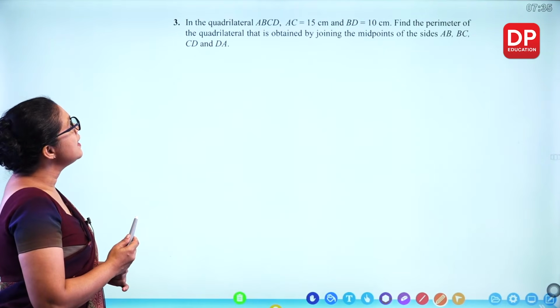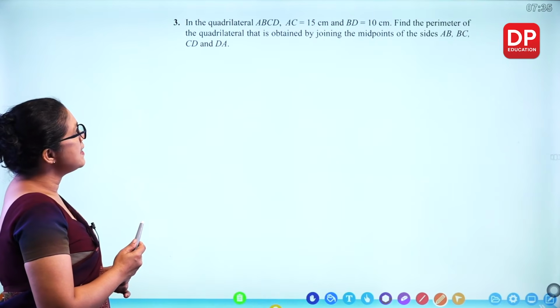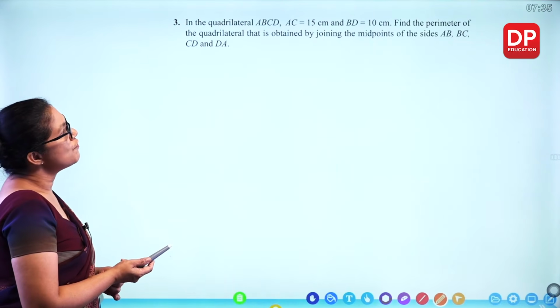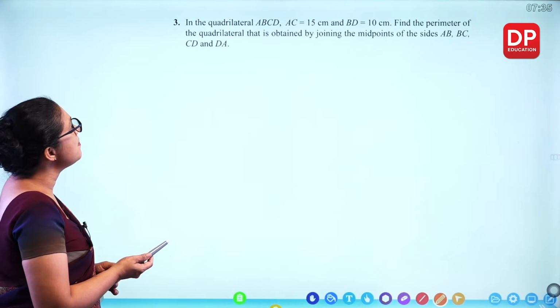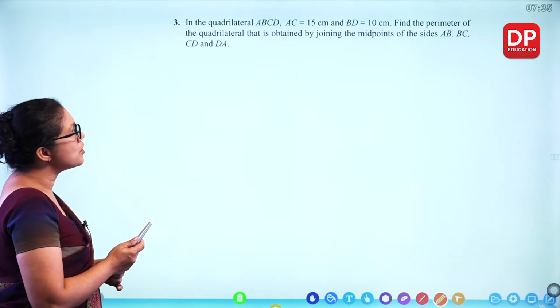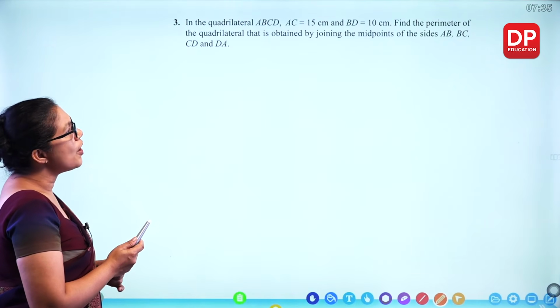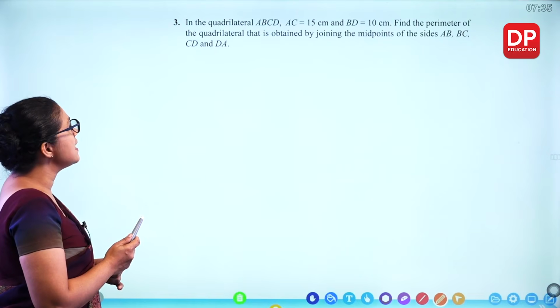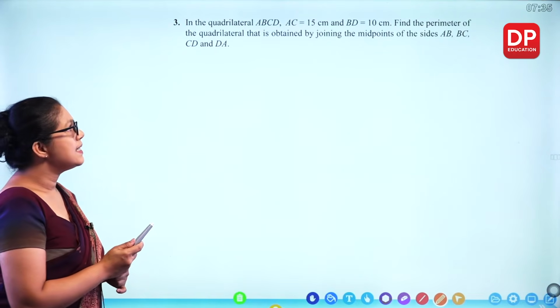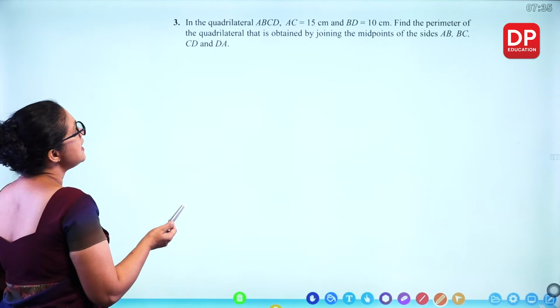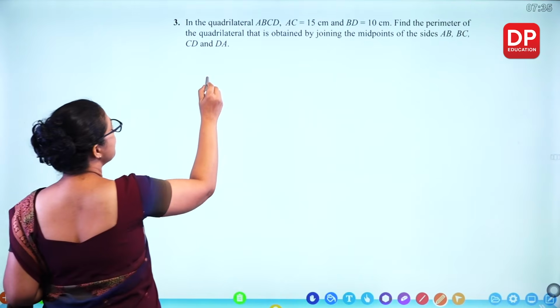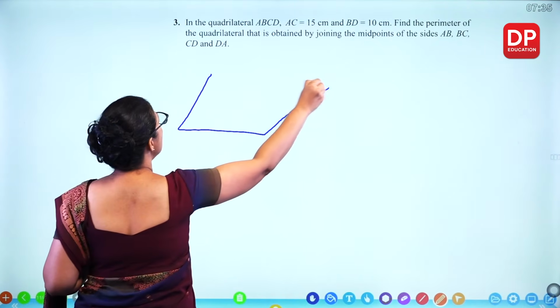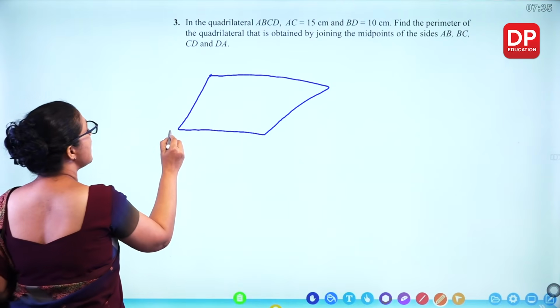Question number 3. In the quadrilateral ABCD, AC is 15, BD is 10. Find the perimeter of the quadrilateral that is obtained by joining the midpoints of the sides AB, BC, CD and DA. So ABCD is a quadrilateral. We don't know what shape of quadrilateral it is.